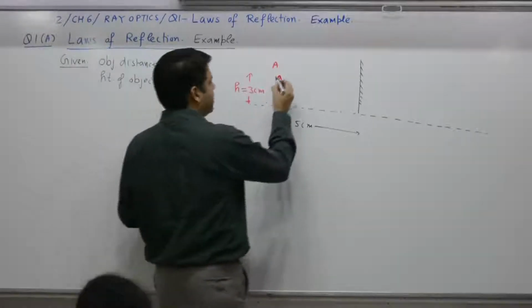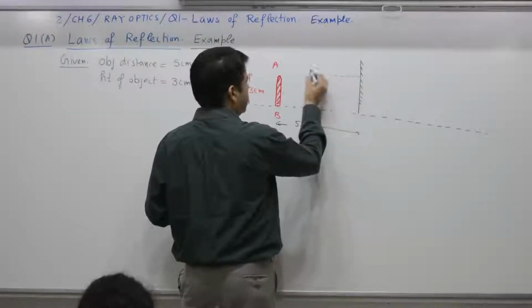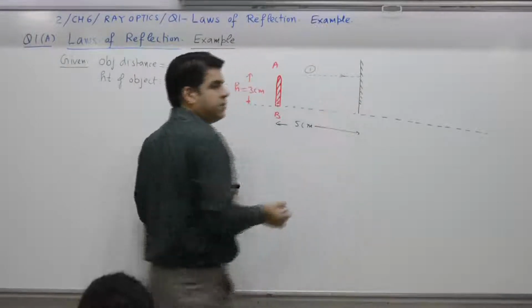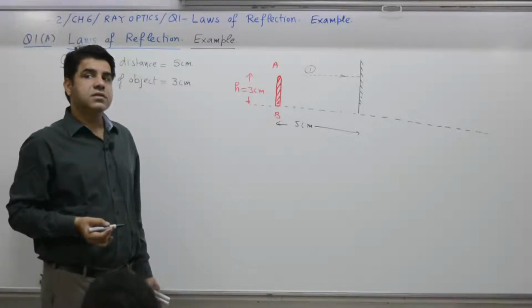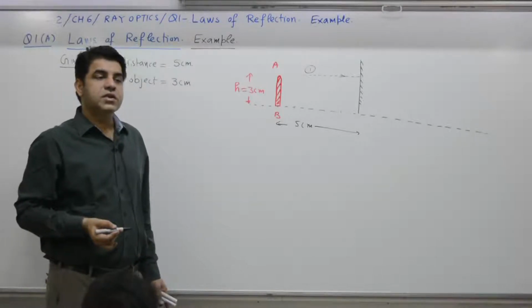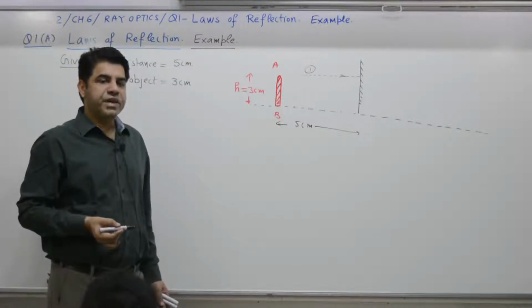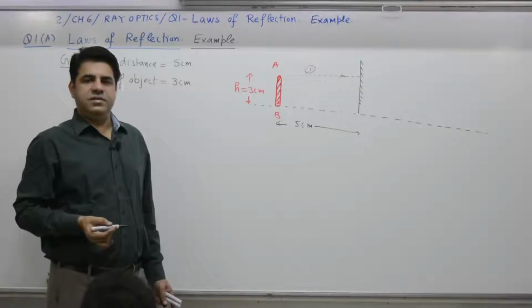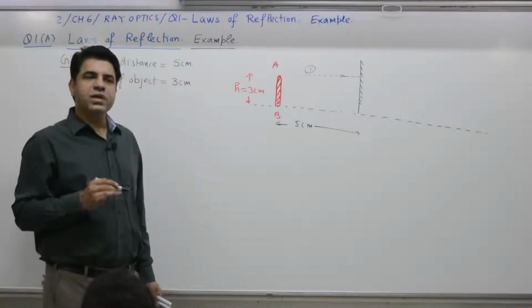Ray number 1. It will hit the mirror at what angle? Normally. Angle of incidence is 0, the angle which the ray makes with the normal. When the ray hits at 90 degrees, it makes 0 angle with the normal.